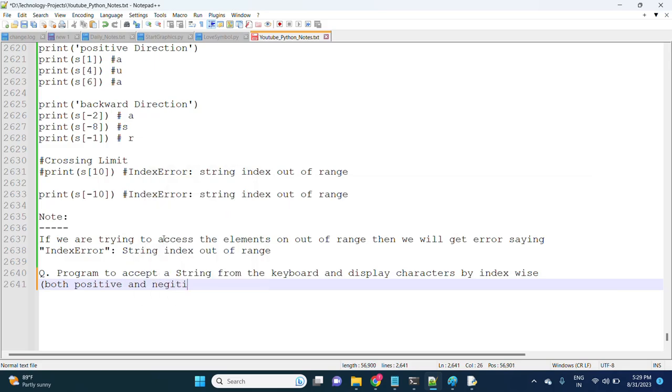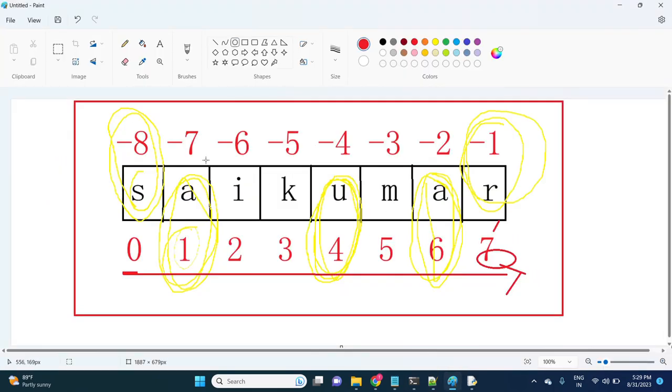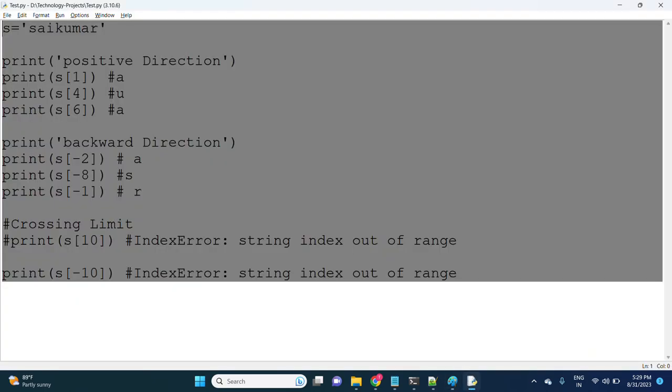That means we get the output in this format: at what position which character is there.